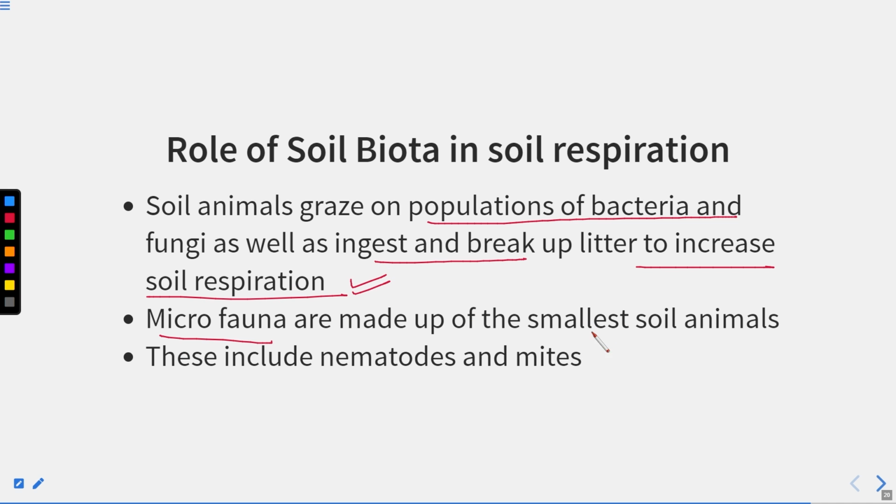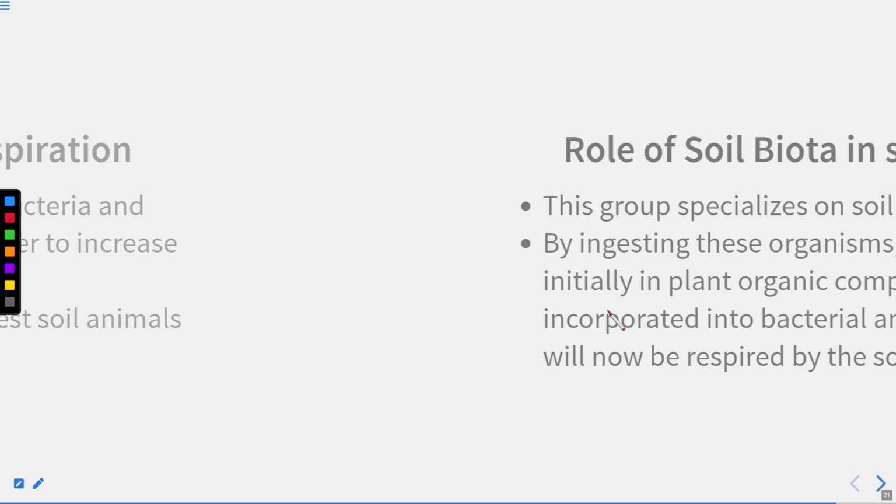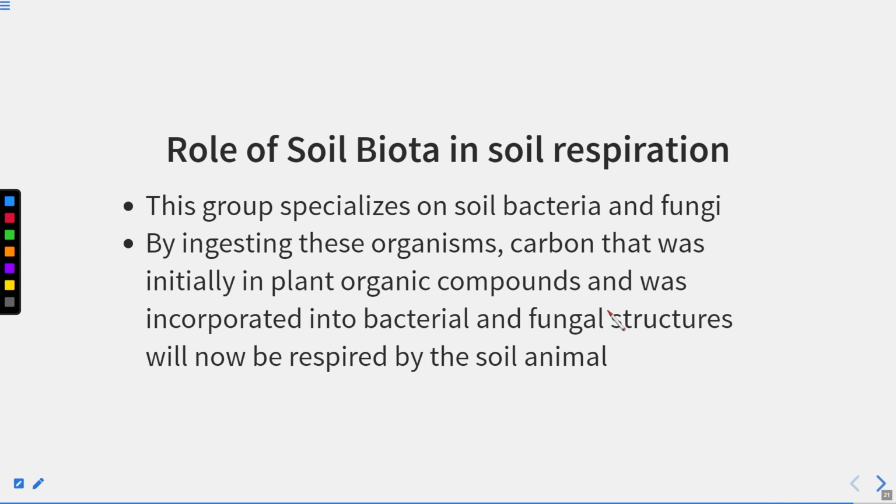So microfauna are made up of the smallest soil animals, and these include nematodes and mites. This group specializes on the soil bacteria and fungi. By ingesting these organisms, carbon that was initially in the plant organic compounds and was incorporated into the bacterial and fungal structures will now be respired by the soil animals.